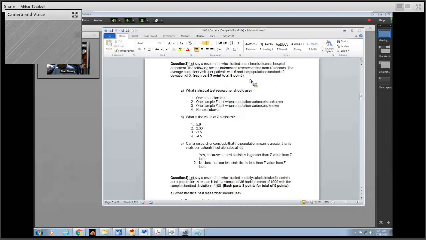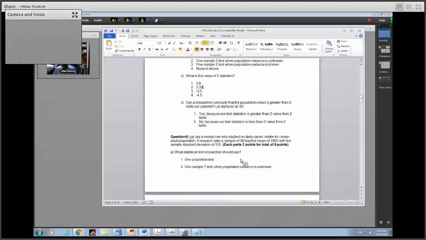So you have to set up your hypothesis and find the Z statistic, using this formula: Z equals x bar minus mu over sigma over square root of N. And then you would do hypothesis testing here. We wanted to examine, can the researcher conclude the population mean is greater than 5?